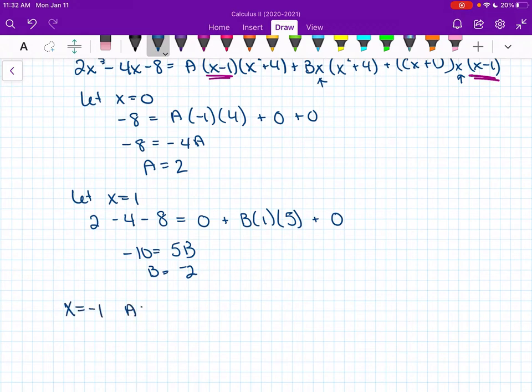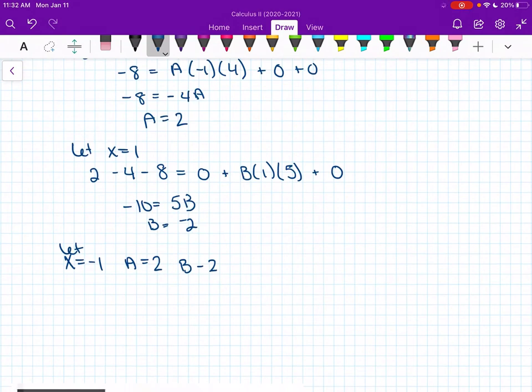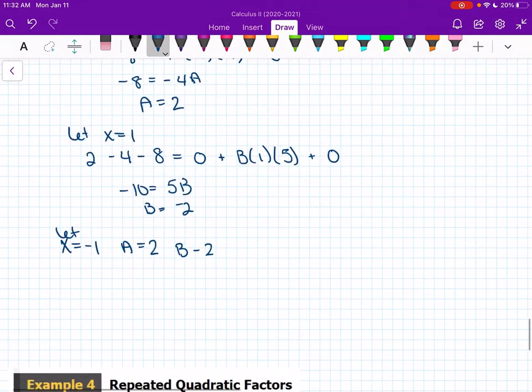And we already have that a is 2 and b is negative 2. So we're going to let x equal negative 1, and we know that a is 2 and b is negative 2. If I plug this in, I'm going to get negative 6. I'm kind of doing some of the math here in my head as I write this.